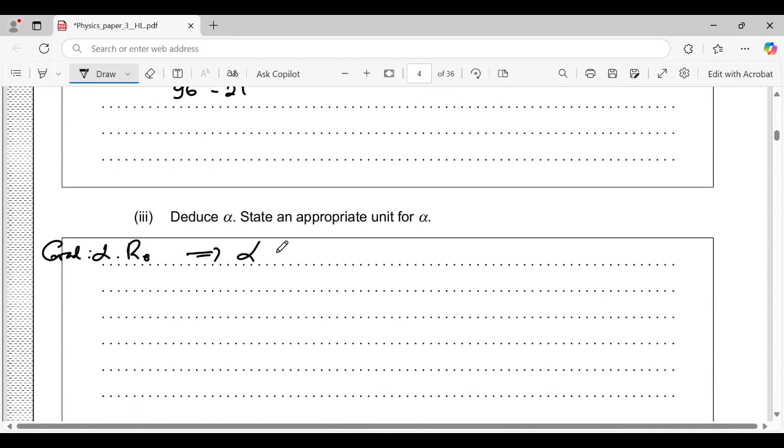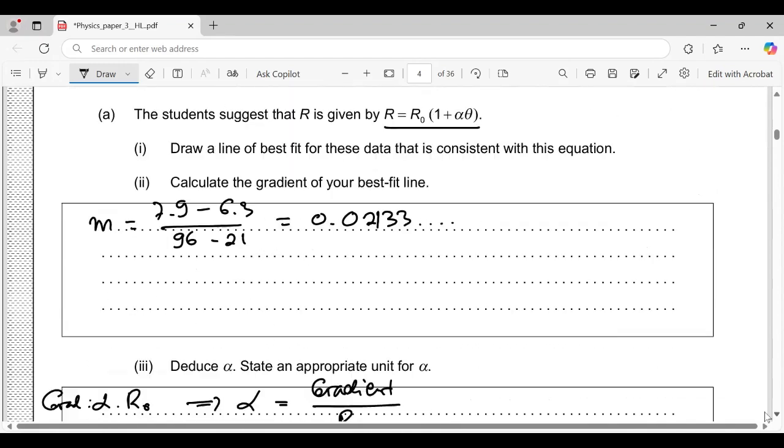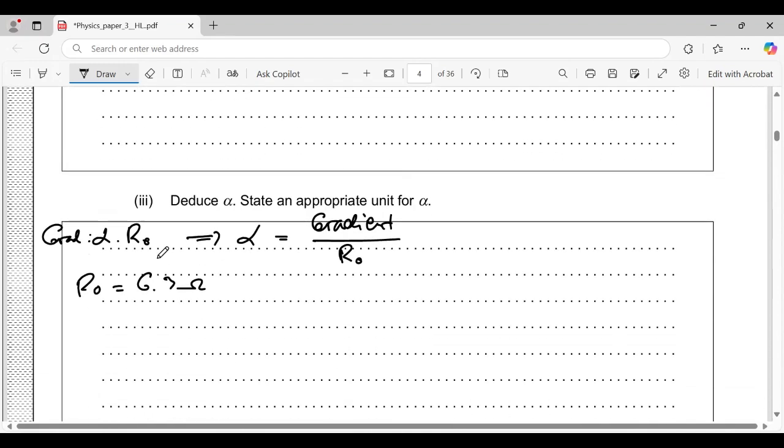So it means alpha equals gradient divided by R0, or initial R. If R0 equals 6.3 ohms, if you look on this diagram, so 6.3 here, that is R0, 6.3 ohms.